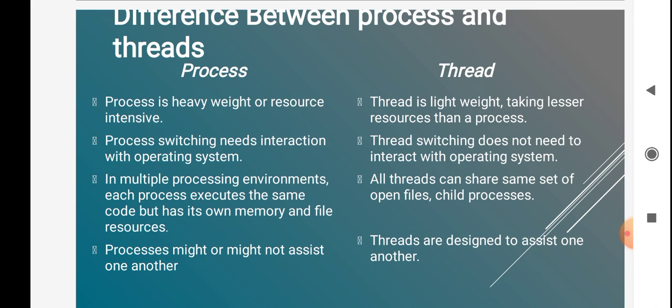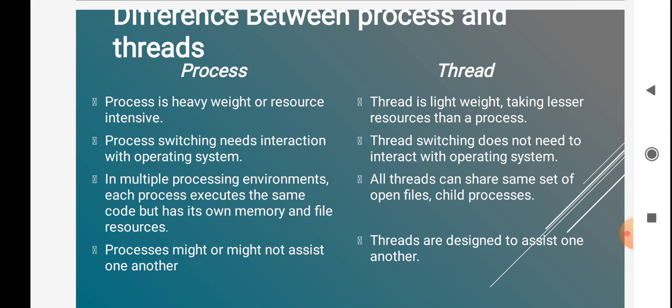But in threads, all threads can share the same set of open files, child processes, and even the same memory. Whenever we run multiple processes, they do not share the same memory and file resources, but threads can share the same memory and resources.